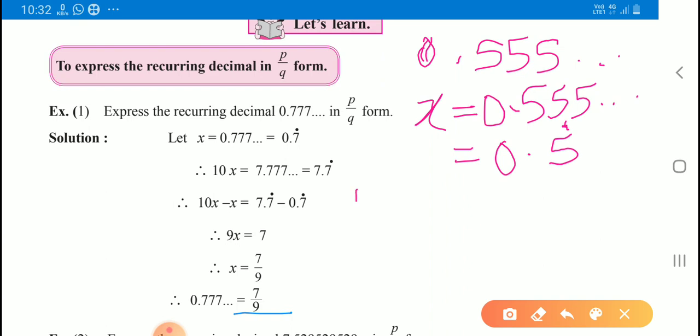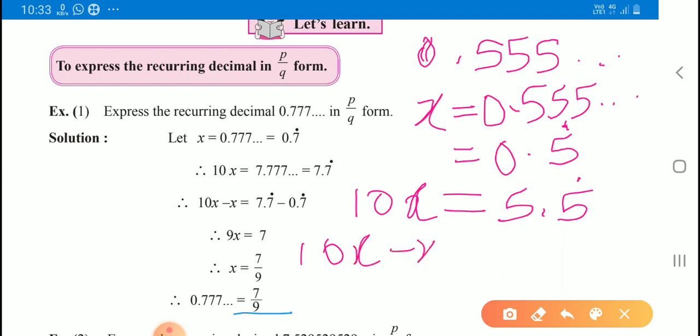Now 10x is equal to 0.5 multiplied by 10, so you will get 5.5 recurring. Now 10x minus x is equal to 5.5 minus 0.5.